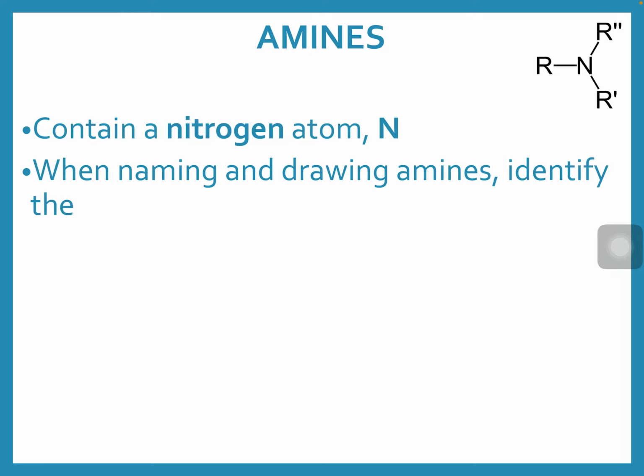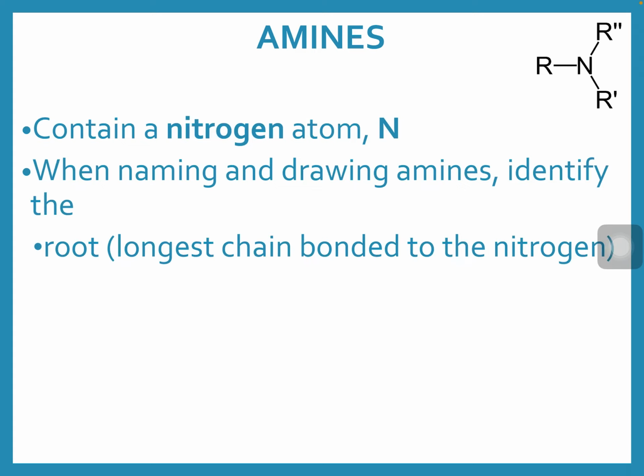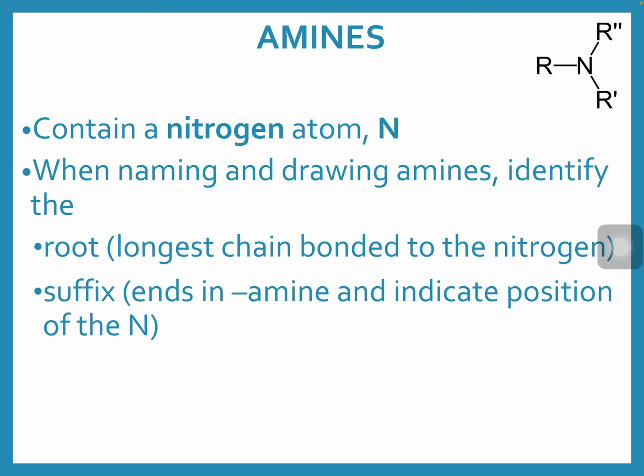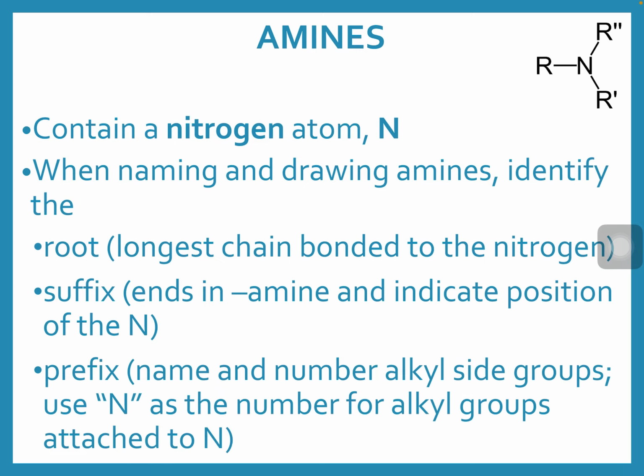So the naming and drawing rules are going to be similar. We're going to identify the root or the longest chain that has the nitrogen attached to it. We're going to use the ending amine, and we're going to indicate the position that that nitrogen is in. And then we're going to add any alkyl or halide groups at the beginning.